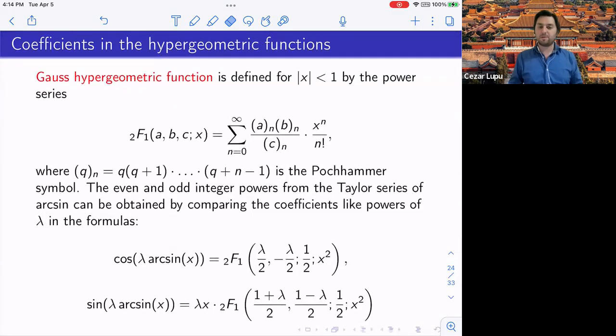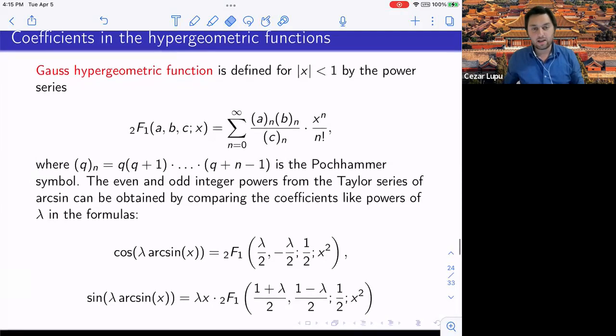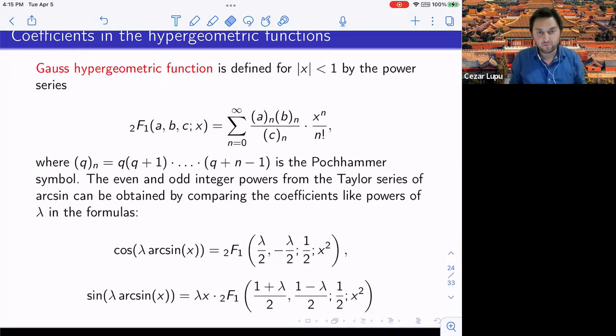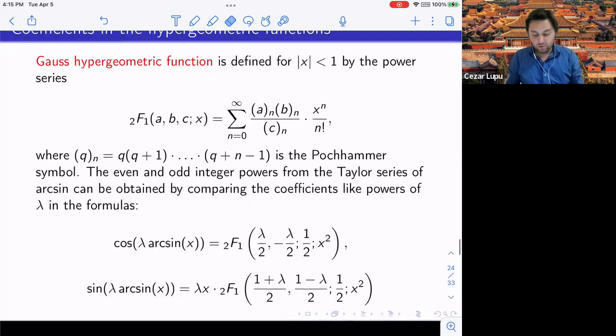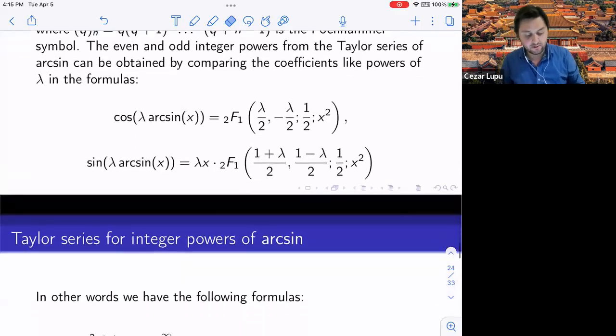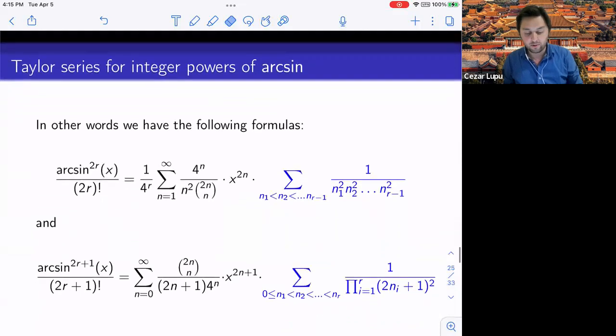We're going to start with a few ingredients. The Gauss hypergeometric function is defined as 2F1 of a, b, c, x, given by the series here. And the funny thing is that from the value of the hypergeometric function, I can write cosine of arcsine and sine of arcsine, and doing this trick, I can obtain the Taylor series for the integer powers of arcsine.